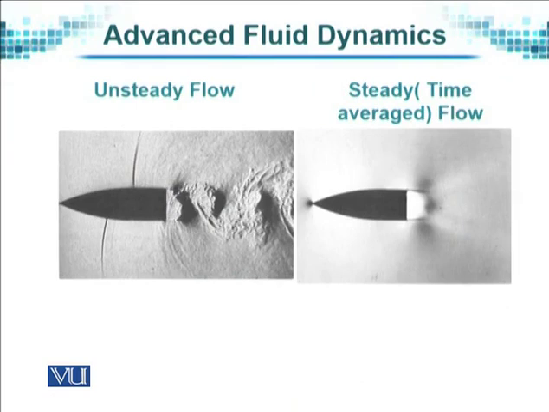This is a picture just to show you two conditions of unsteady flow and a kind of steady flow, not absolutely steady. So what is the difference? This is a cylindrical pipe that is attached to a flow, and there is a block placed in between the fluid flow where the fluid is flowing.